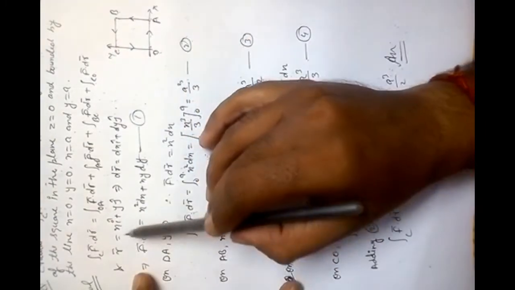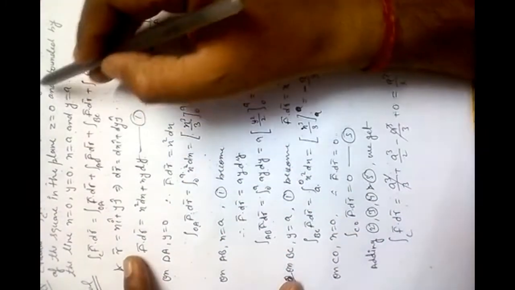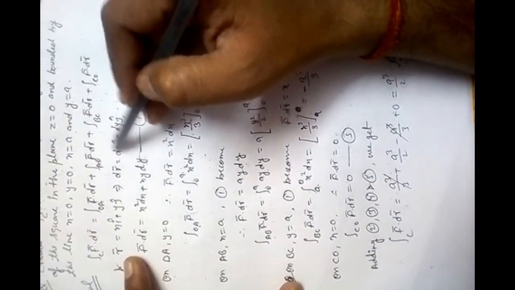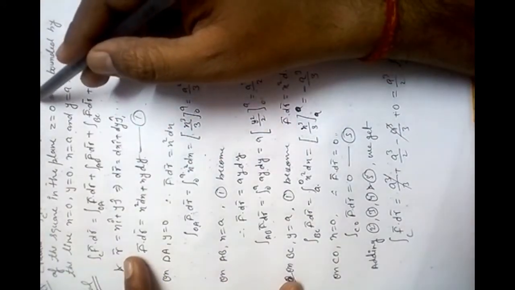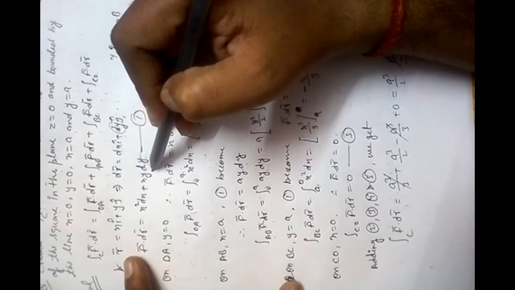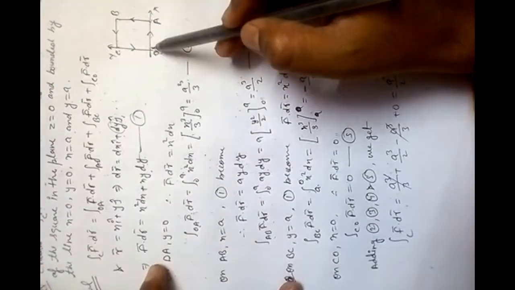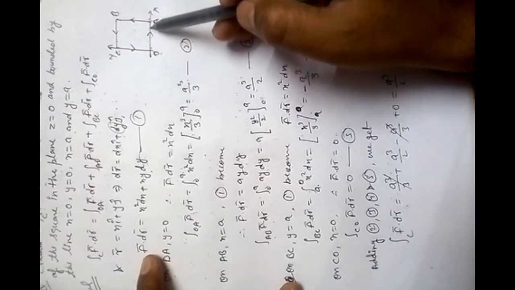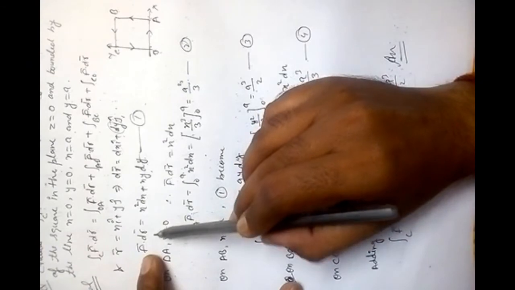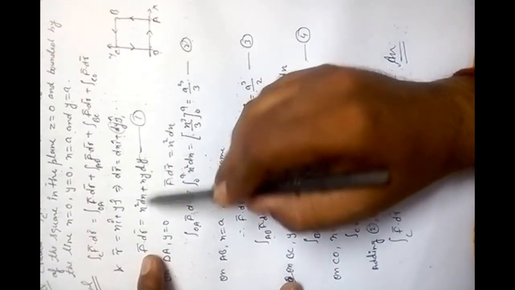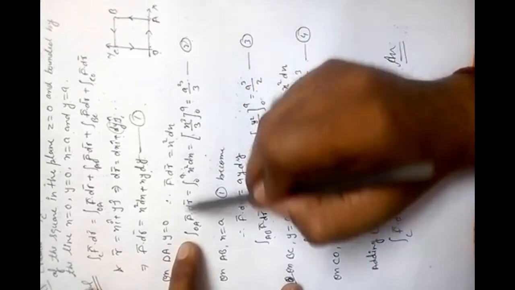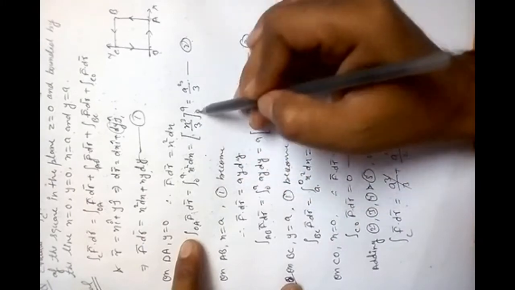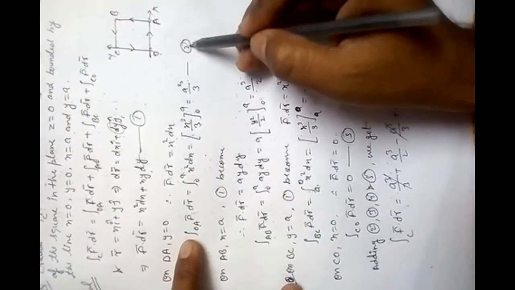So in f dot dr, i dot i, x square dx plus xy dy, this one. Now on OA, here y is 0, this is the x axis, so y is equal to 0 means this term is equal to 0, the remaining term is this one. Then integral of this term is x cube by 3 and limit 0 to a. Then a cube by 3, equation 2.